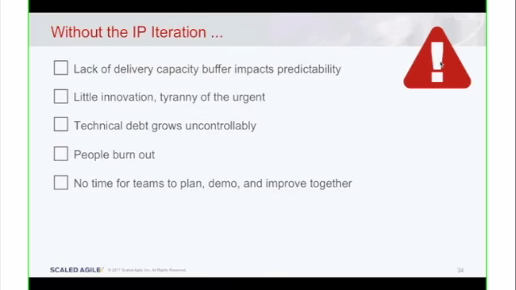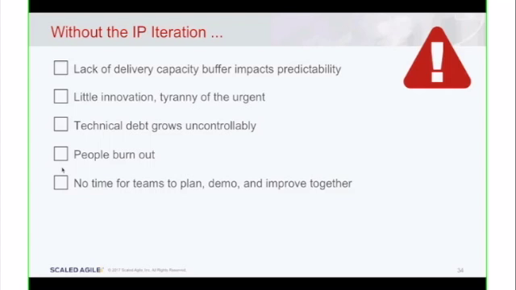Look at number 4, people burn out. One of the things about iterative development is that there's very little slack in the system anymore. So you go from one iteration to the next, to the next, to the next, and it can start to feel like you're in one of those hamster wheels.